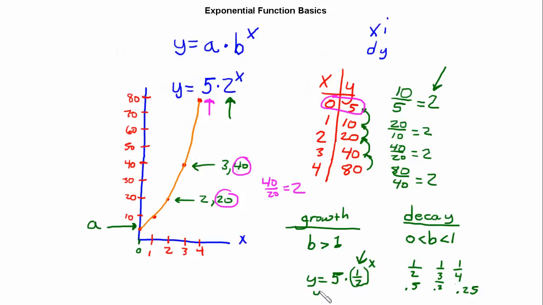It could also be written this way, which is equivalent: 5 times 0.5 to the x. Same thing. Our b value right there is between 0 and 1, so it's decay. Our example up here was growth because our b value was bigger than 1.